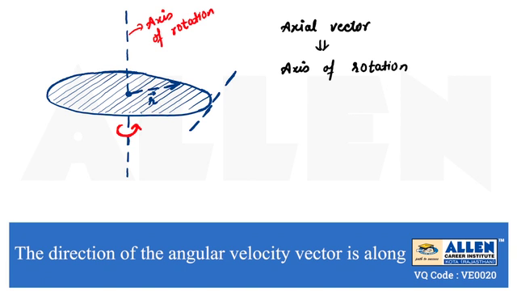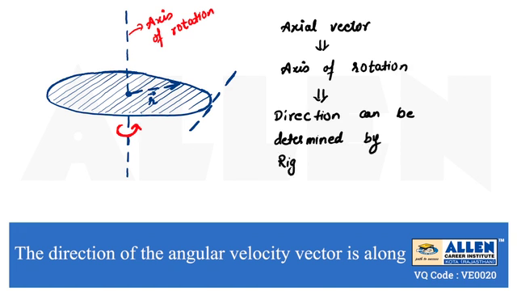Therefore we have defined vectors known as axial vectors on the basis of the axis of rotation. If we further talk about it, we can find its direction. Direction can be determined by the right hand thumb rule.